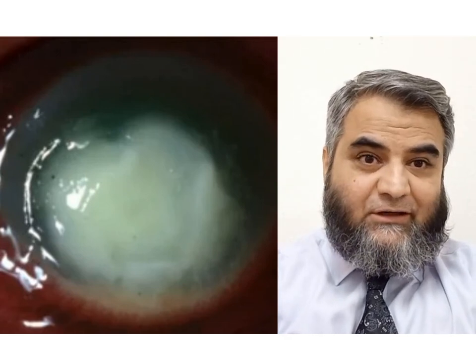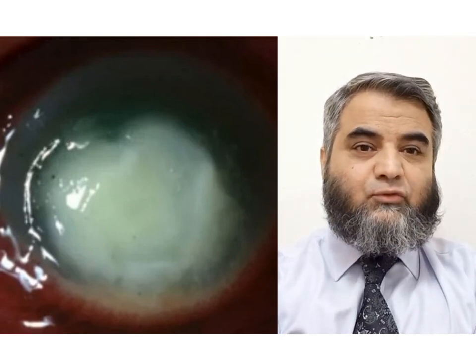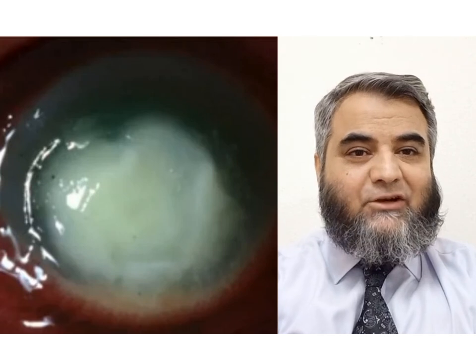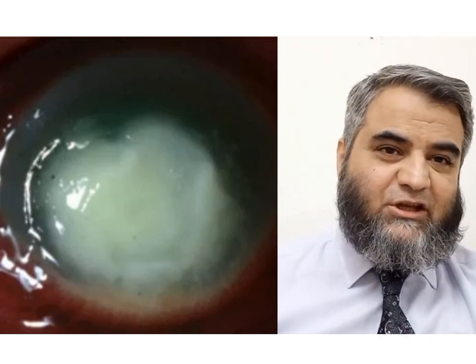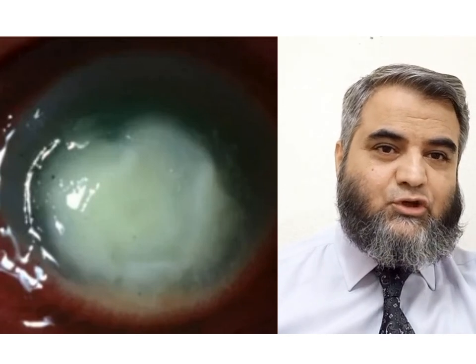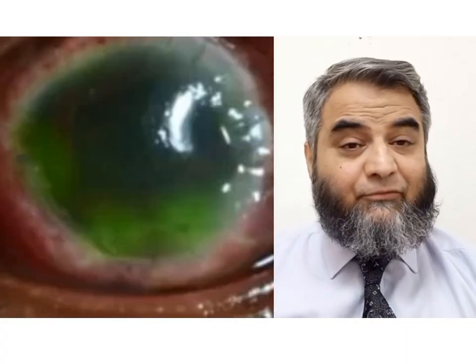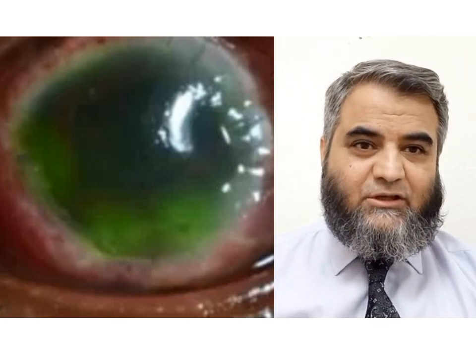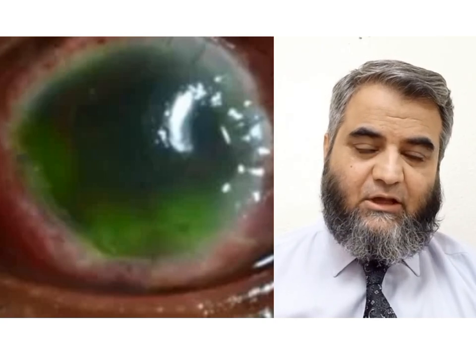The infection is not getting controlled, and there is pus in the anterior chamber, and there are high chances that if we do not do some surgical maneuver at this stage, it can penetrate inside the eye. So this is an advanced stage of fungal infection, shown in this slide. If we are treating the patient and 4 weeks have passed and the infection is still not controlled, this is a situation where we have to remove the cornea.